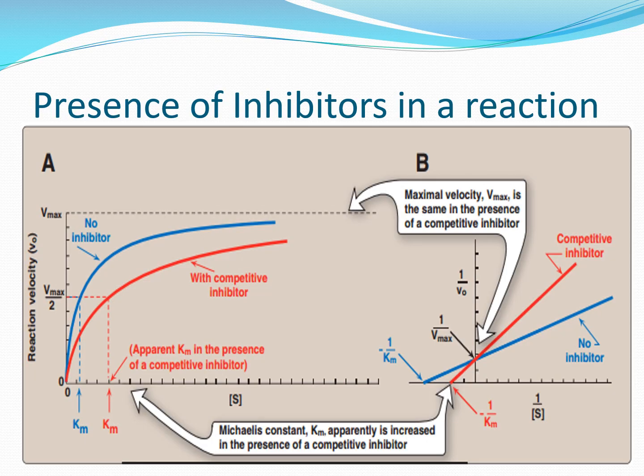For presence of inhibitors in a reaction, we must remember first these concepts. The Michaelis constant is increased in the presence of a competitive inhibitor, while the maximum velocity is the same in the presence of a competitive inhibitor. This is for competitive inhibition.